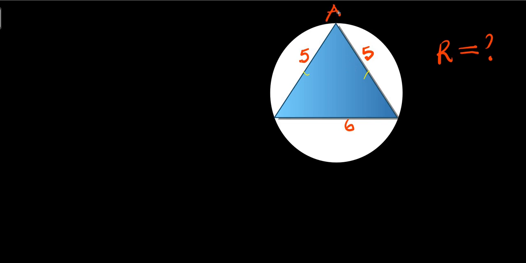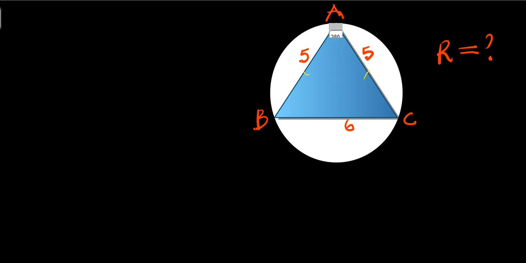So this is our point A, this is point B, this is point C. And what we can do will be to have a straight line here drawn across the base of this particular triangle.